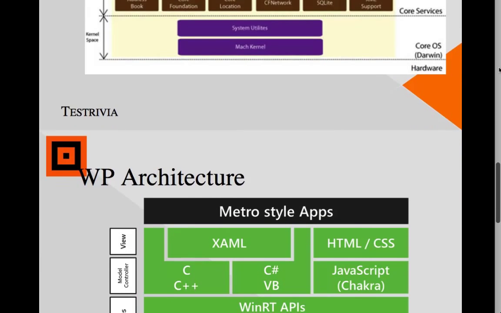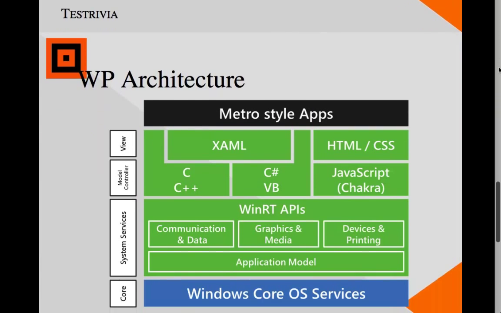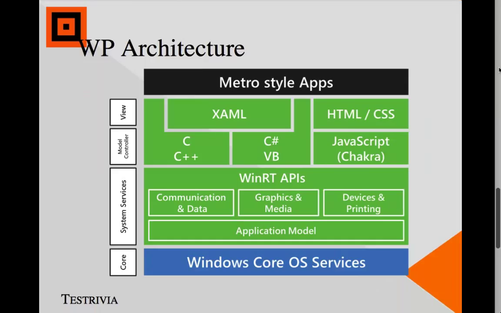This is the Windows Phone architecture. For example, if you are looking at Windows Phone 8, the UI is the Metro UI, the Windows Phone Metro UI, and you have XAML and HTML CSS in the view system, and you have the model controller like JavaScript.